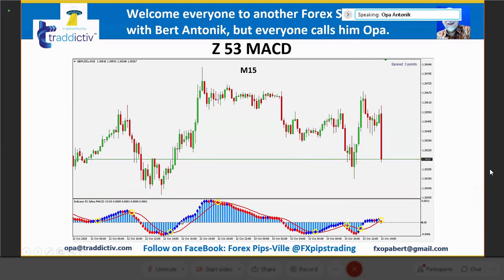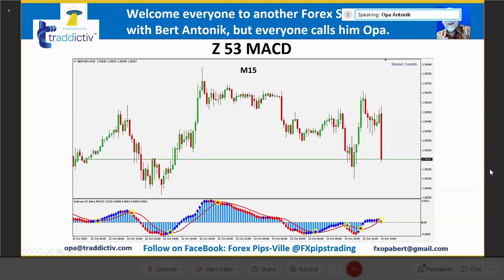So when the MACD is greater than 0 and the MACD is higher than the signal line, it's likely that price is moving up. Once the MACD drops below the signal line, even though the strength is still positive, okay, it's likely that price will be pulling back, moving down until it goes down below here.